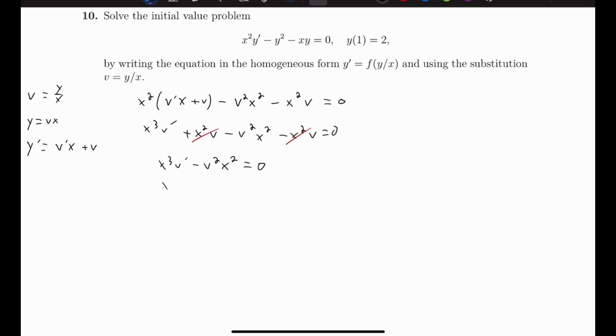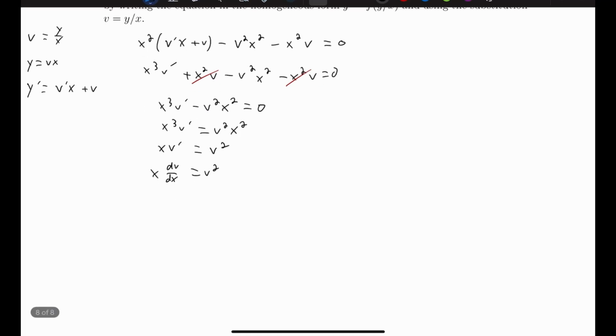We can now go ahead and separate this and start solving for v. So we'll have x cubed v prime is equal to v squared x squared. We can go ahead and cancel out some of our x's, and we'll end up with just x v prime equals v squared. I like to rewrite this left side as x dv dx equals v squared. I think it helps us remember what's going on here.